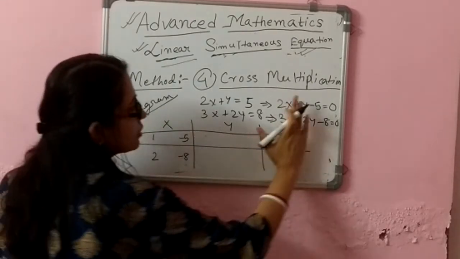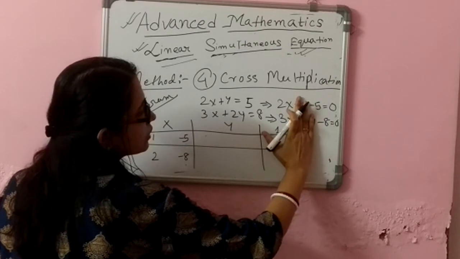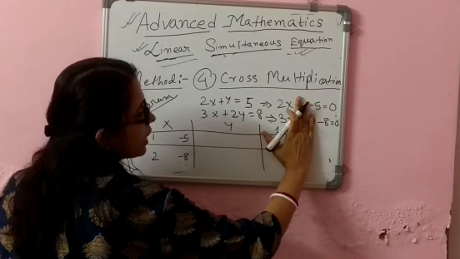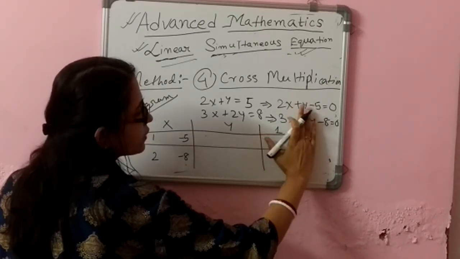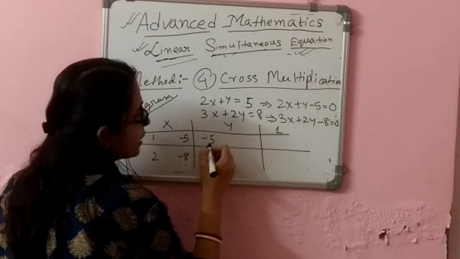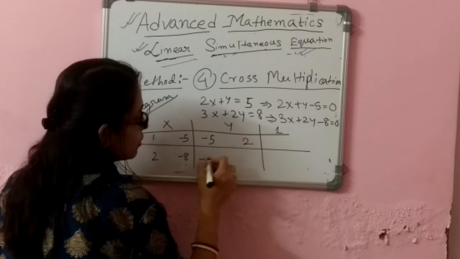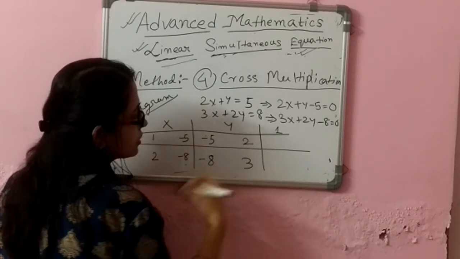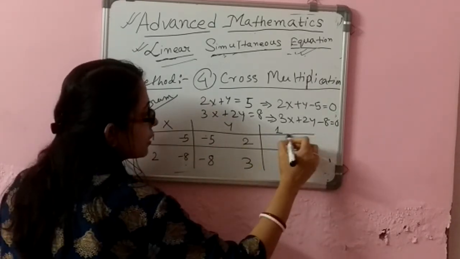For finding y, we will just close the part y, and what will we write? First we will write the constant, that is minus 5, then we will write 2, minus 8 and 3. Fine. Now comes the constant.